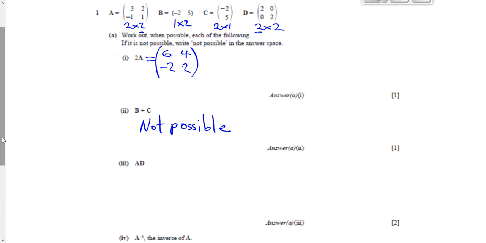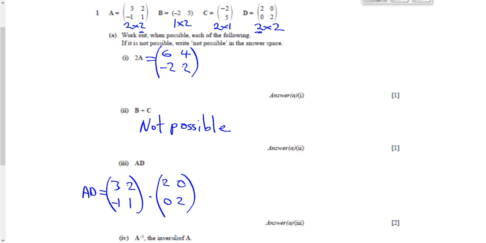AD will be 3, 2, minus 1, 1, and we're going to multiply that by 2, 0, 0, 2.